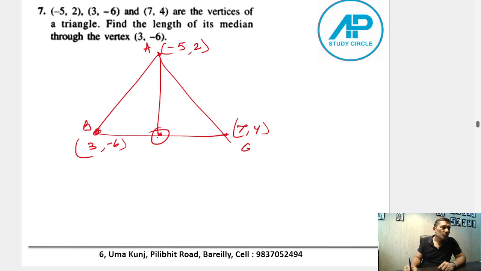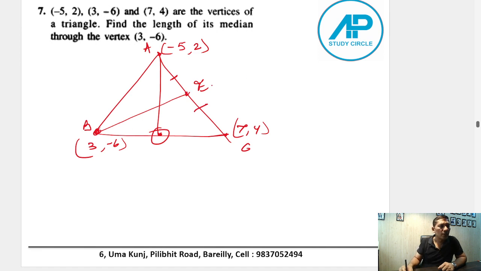Okay, so slight change. Through vertex 3, minus 6. I might make one more median like this, but I don't need this median. I need only BE. Through B it comes on AC, such that E is the midpoint of AC.